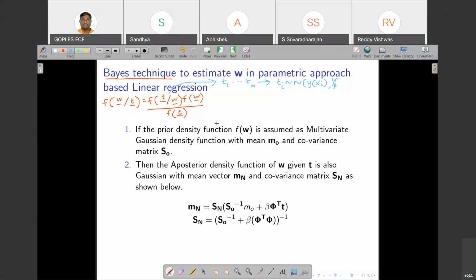This is the covariance matrix of the random vector T.